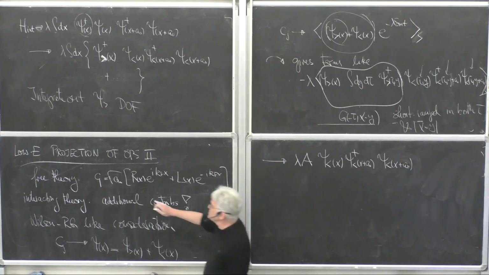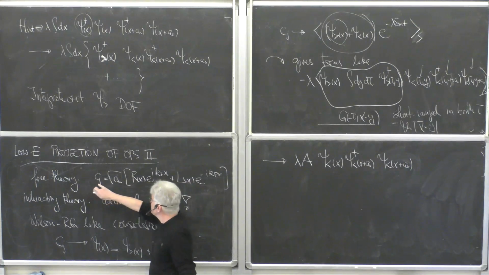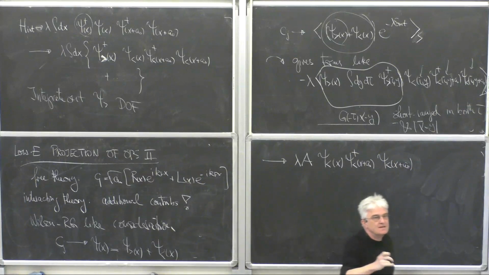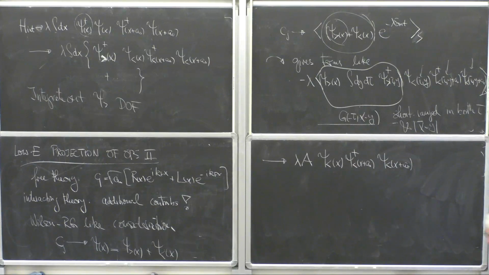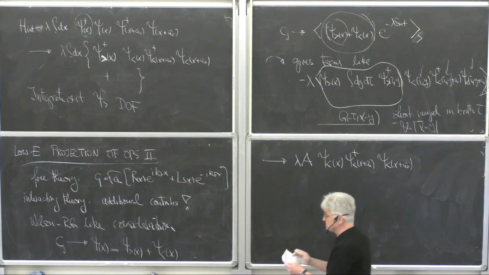That will generate contributions to the low energy projection of the fermion operator which come with e to the 3i kF x and e to the minus 3i kF x. These are called higher harmonics, and by repeating this procedure at higher and higher orders, you generate all higher harmonics. I've explained to you where it comes from, and I have minus 30 seconds.